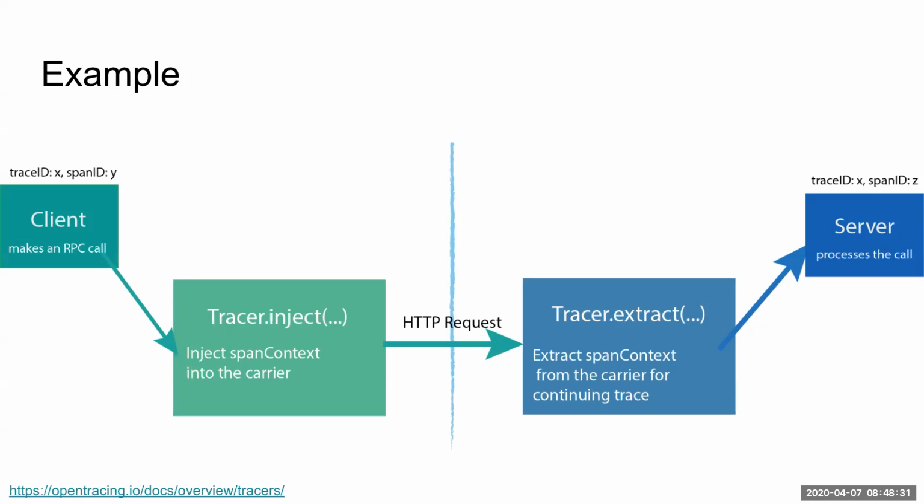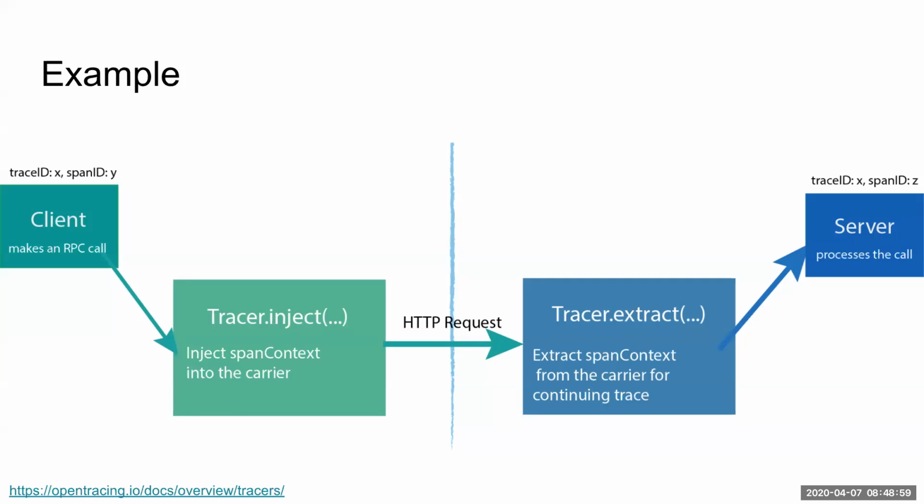And this client needs to inject the trace ID and span ID into the span context and then into this carrier. In this case, the carrier is an HTTP request. Other examples may be gRPC or Kafka. Okay, so on the server side, once it receives the HTTP request, you need to extract the span context from the HTTP data and then get the trace ID and span ID.